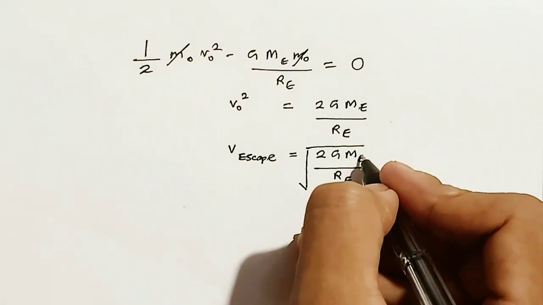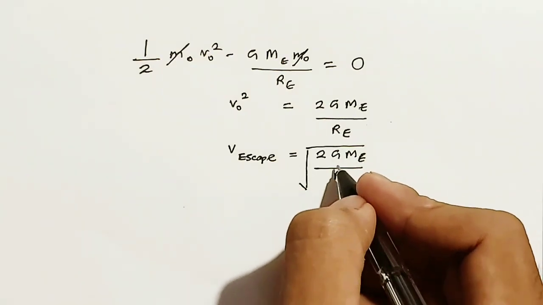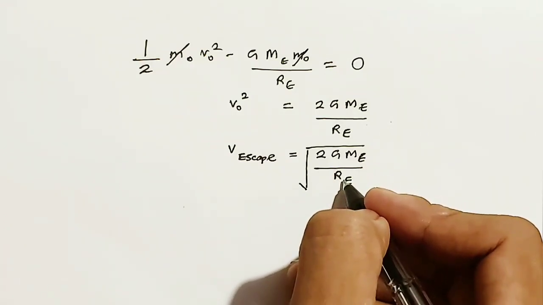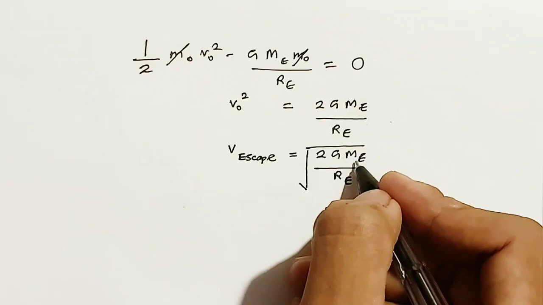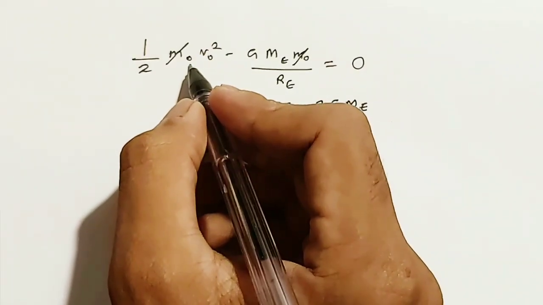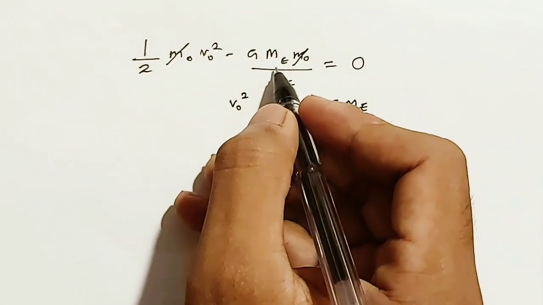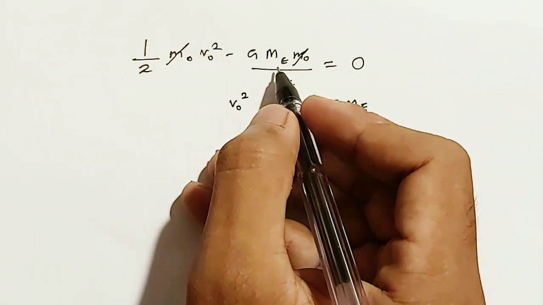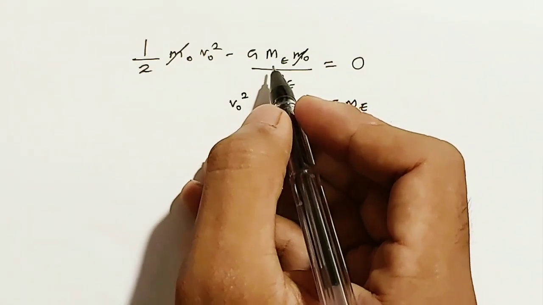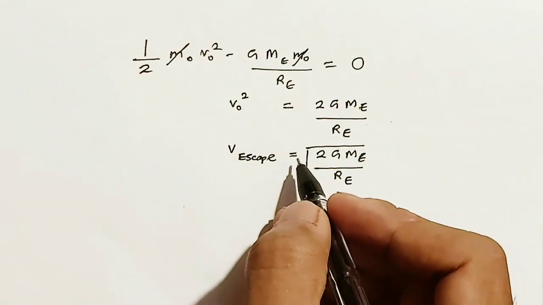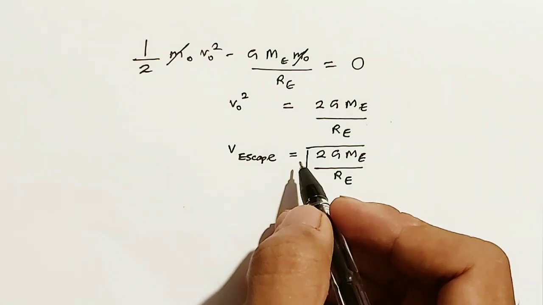We can see that the escape velocity only depends on the constant G, the radius of the Earth R_E, and the mass of the Earth M_E. The mass of the object is not considered here. Any object, small or large, if it attains the escape velocity for Earth, will escape.